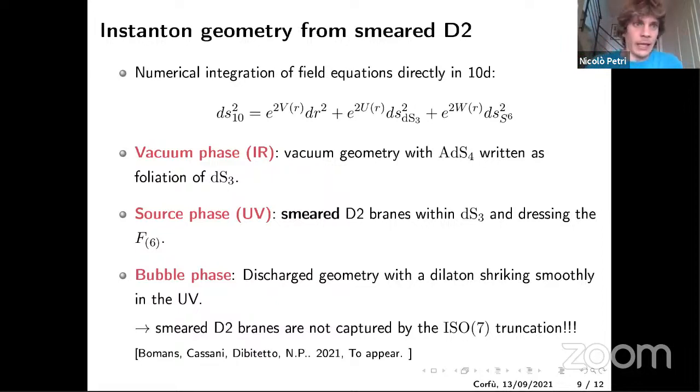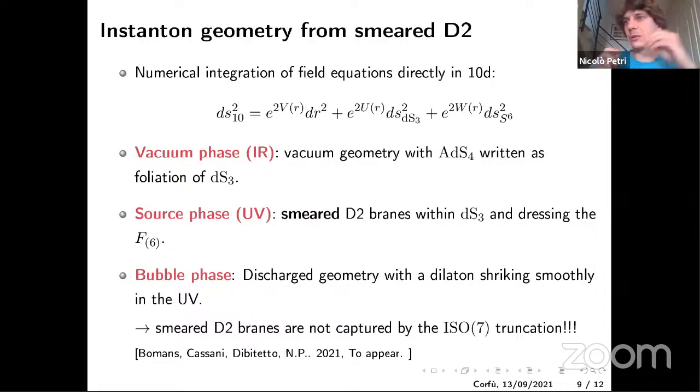And what we did has been, of course, a numerical integration, because the equations of motion of this particular background, and I wrote only the metric and not the fluxes, are very complicated. So what we actually found is a very complicated numerical curve, in which we identified three different regimes.